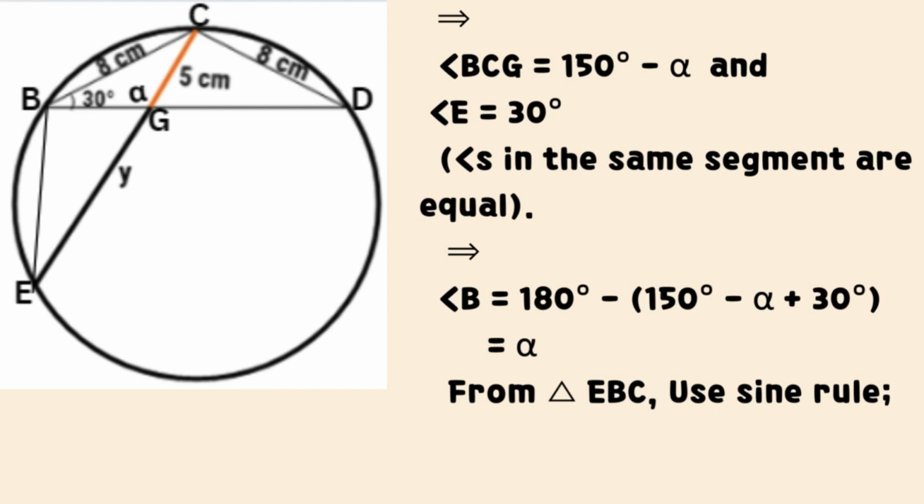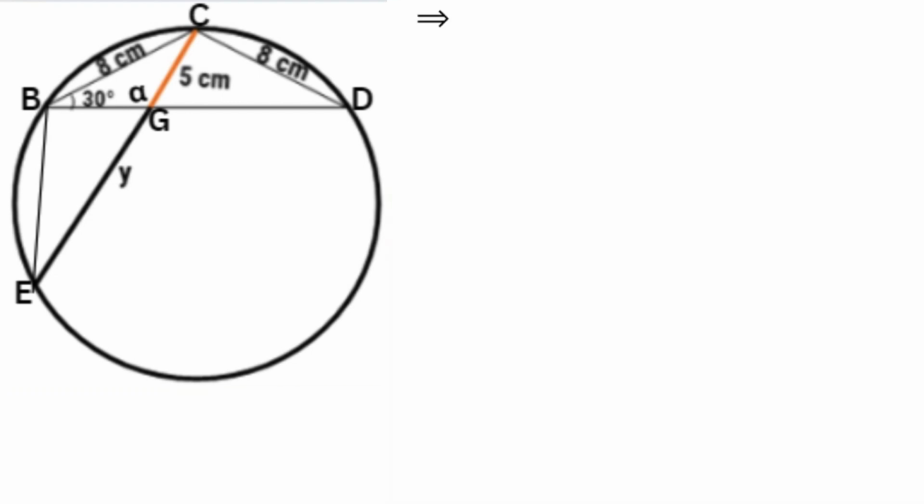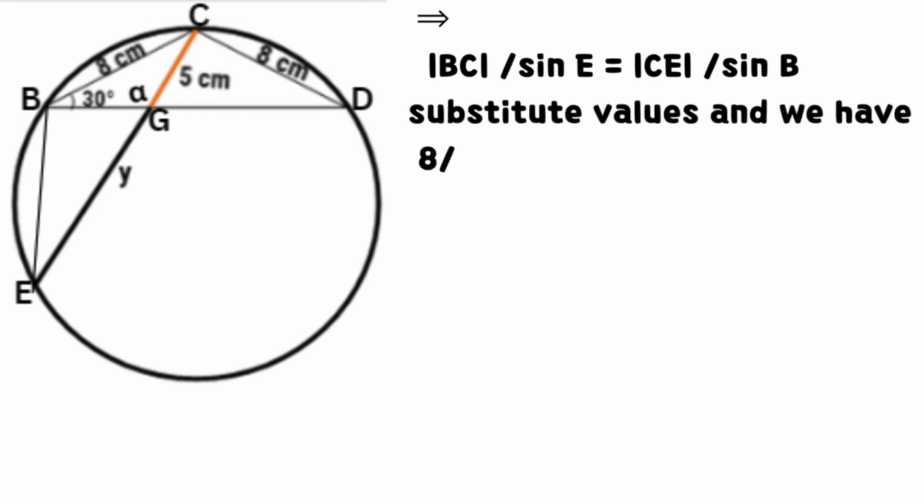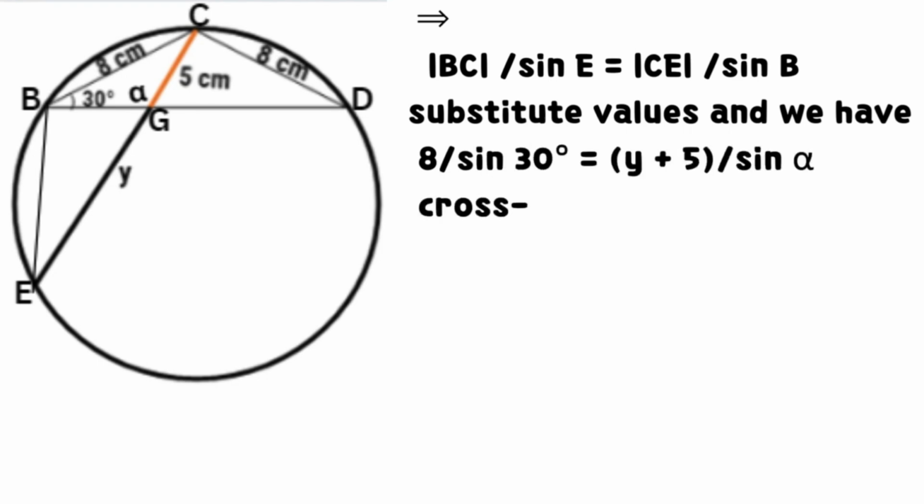From triangle EBC, use sine rule. It implies that line BC divided by sine E equals line CE divided by sine B.